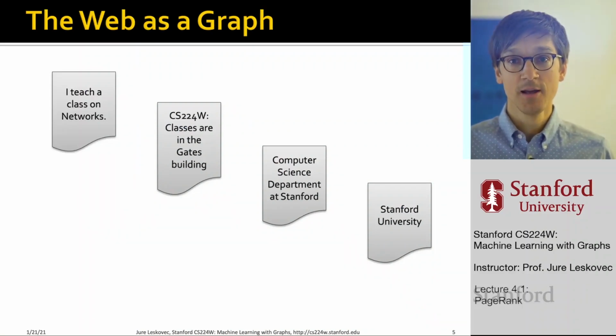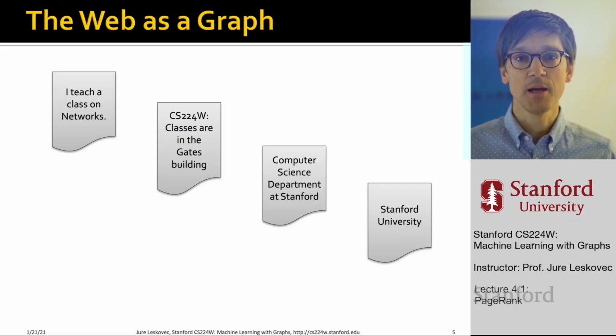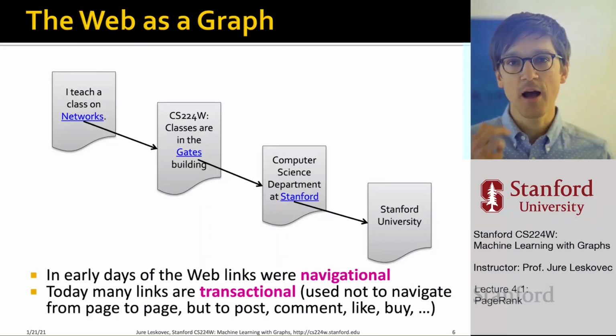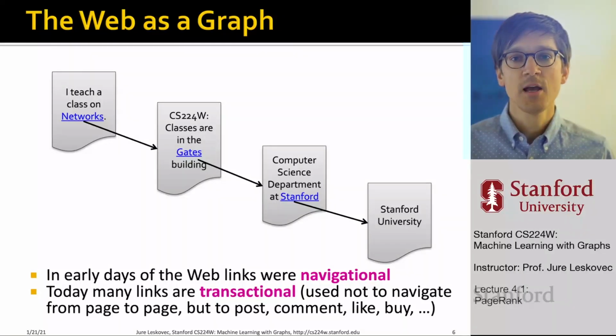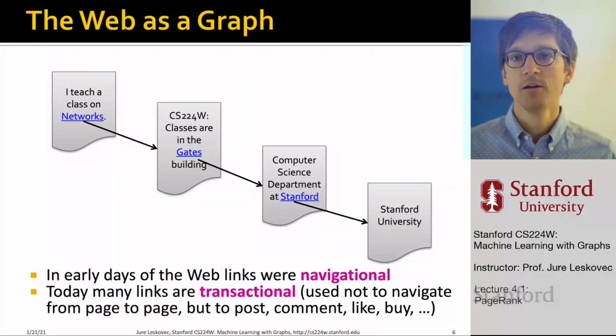You could imagine here are some static pages that appear at Stanford University. These static pages have hyperlinks, basically links that you can click that move you to the next page. So in the early days, this is how the web was structured, with a lot of static web pages and a lot of these navigational links.